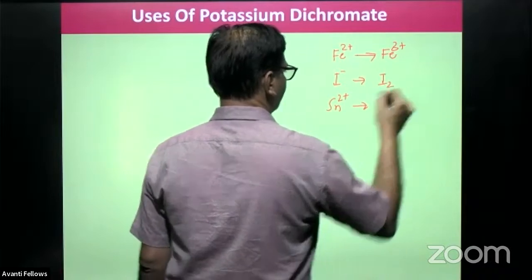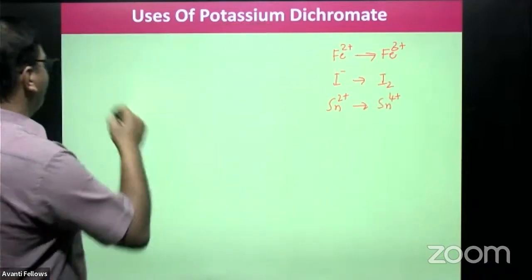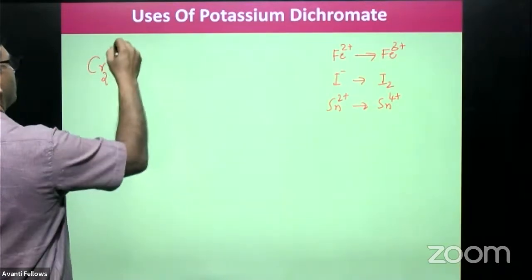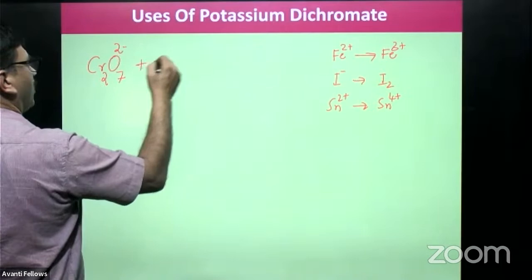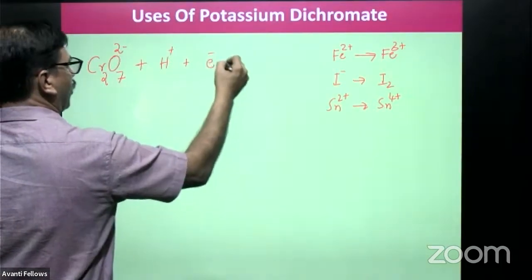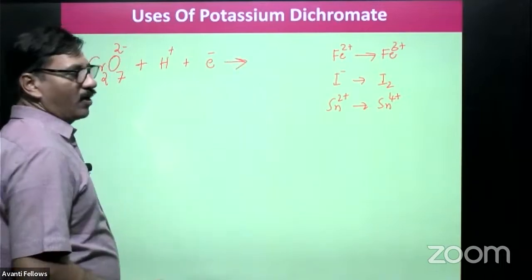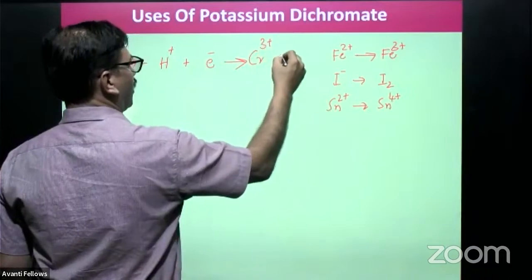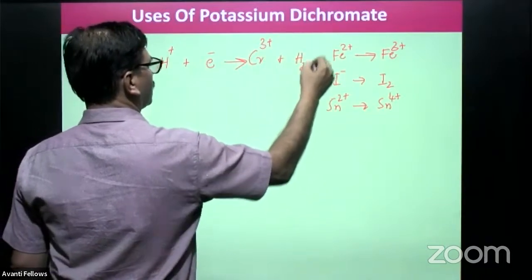Now you know that dichromate ion, Cr2O7 2-, in the presence of H plus ion takes some electrons, and what is the product? This gives Cr3+ chromium ion plus H2O.